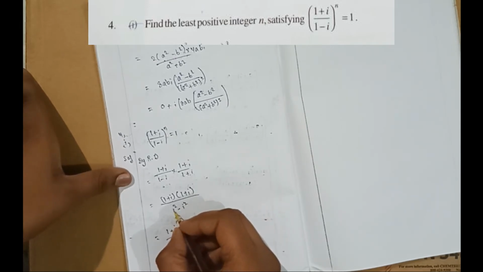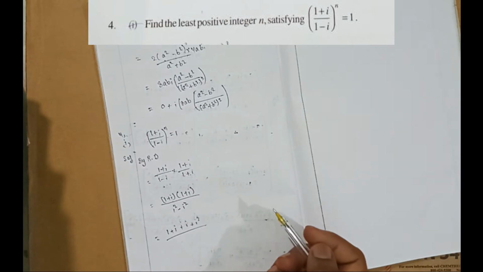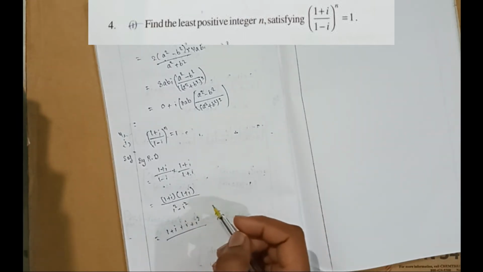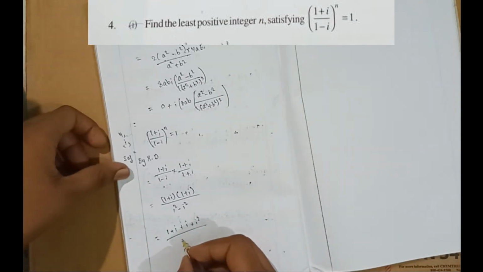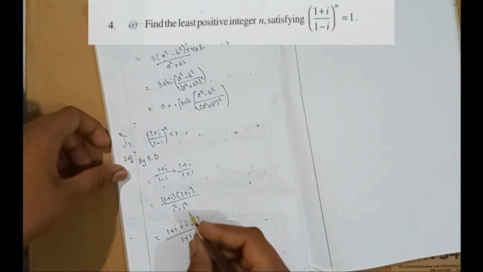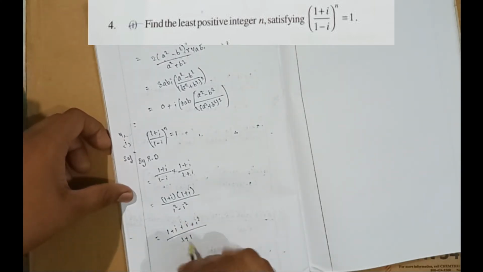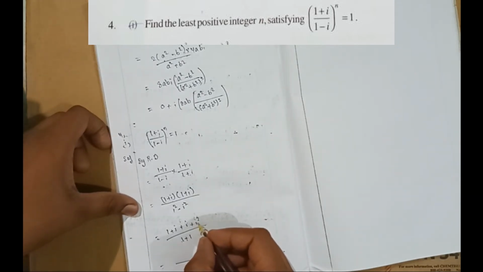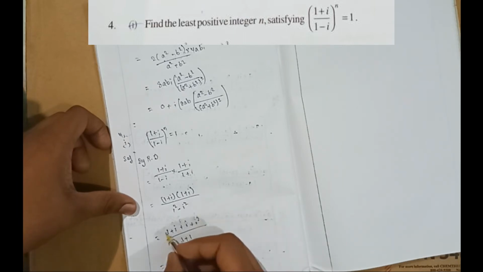here it is (a plus b) into (a minus b) equal to a square minus b square. So here 1 square minus i square, so it will become 1 plus 1, because i square equal to minus 1, minus into minus plus, so 1 plus 1. Now by 2, here also same, i square equal to minus 1, and minus 1 and plus 1 get cancelled. Here we have 2i, the 2 gets cancelled, the remaining part is i.